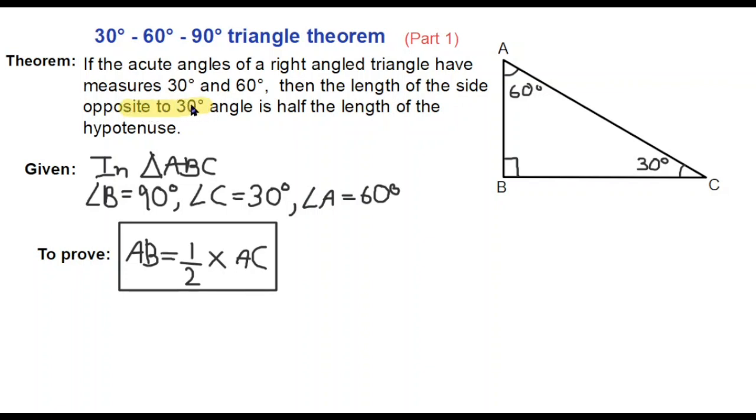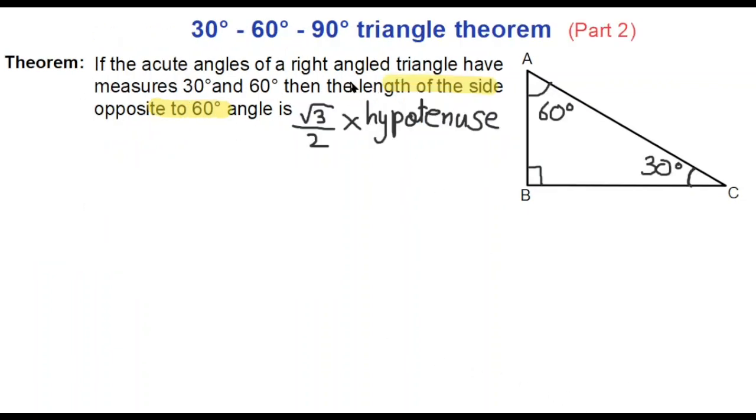Now in part 2 we have to see the length of the side opposite to the 60° angle. That is root 3 upon 2 times the hypotenuse. Okay, understood? Now we will see what is given.